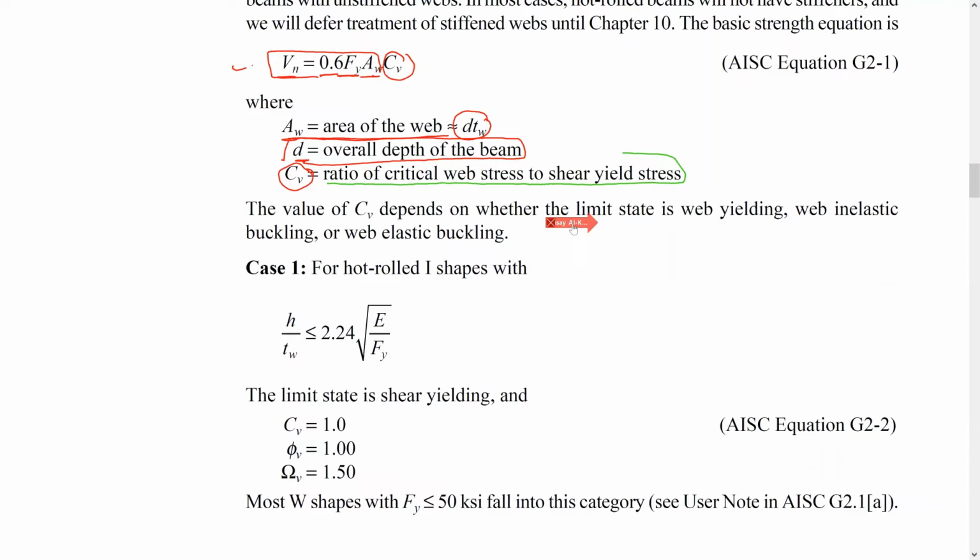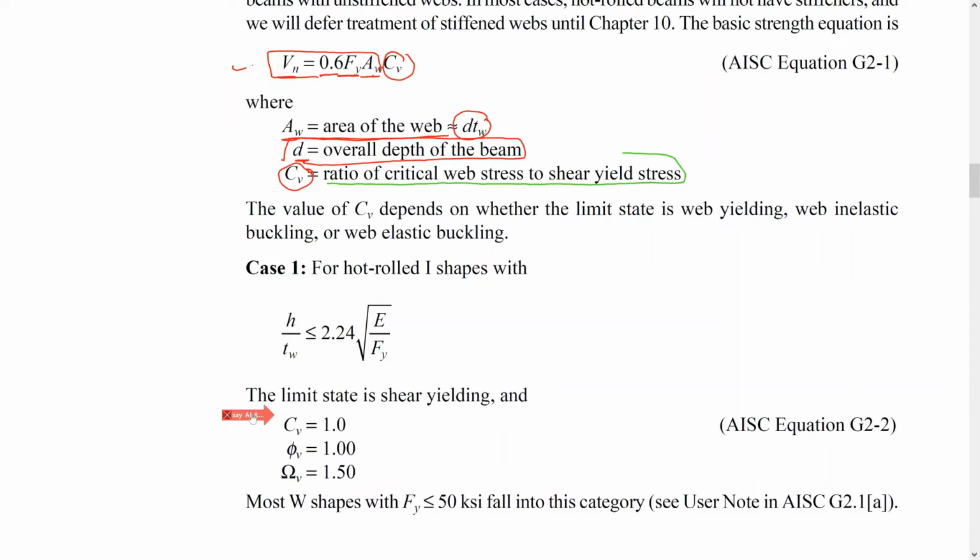Let's see the cases for that and check which case is applicable. So for hot rolled I shapes with lambda for the web less than or equal to 2.24 times the square root of E over Fy, the limit state here is shear yielding. Okay, so this is shear yielding.